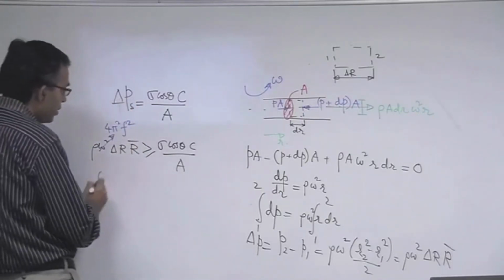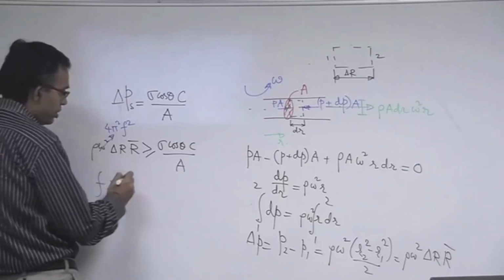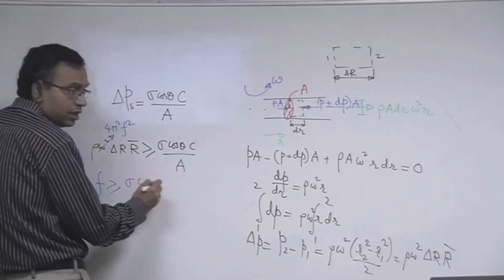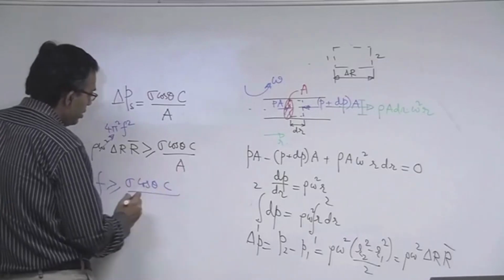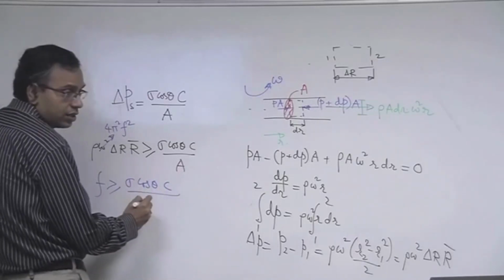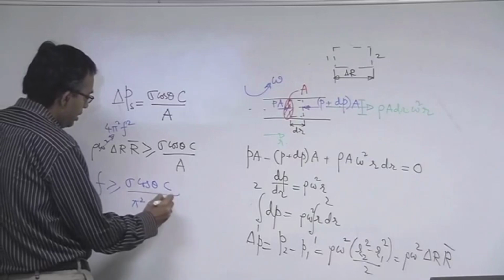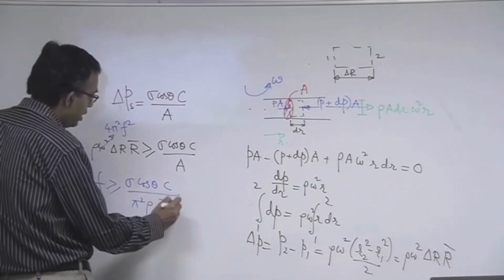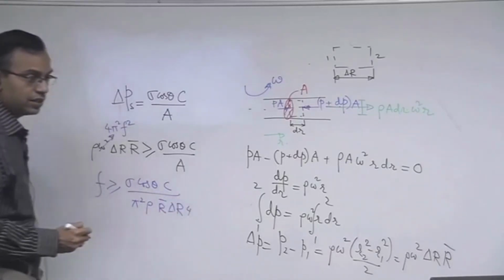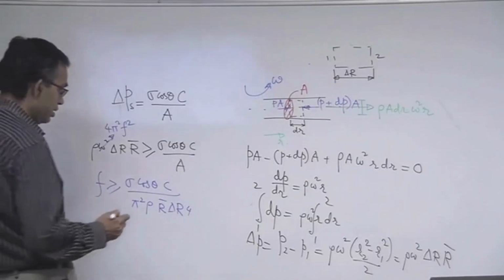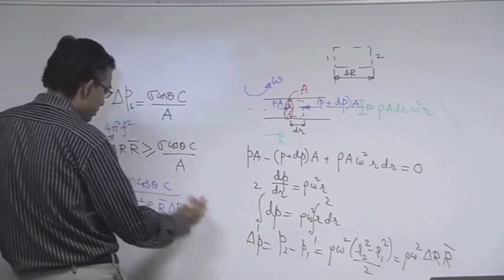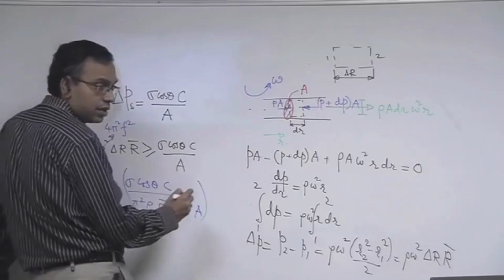So f is greater than or equal to (sigma cos theta C by 4 pi square rho r bar delta r A) to the power half.